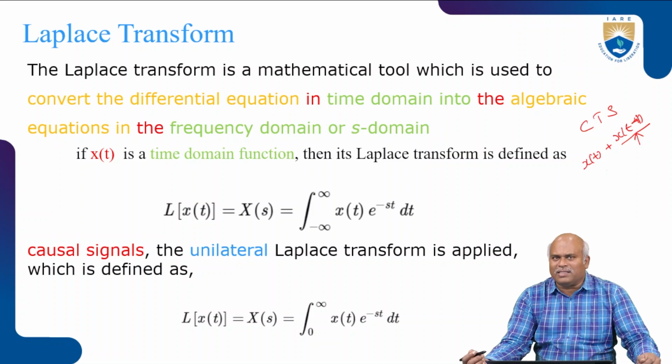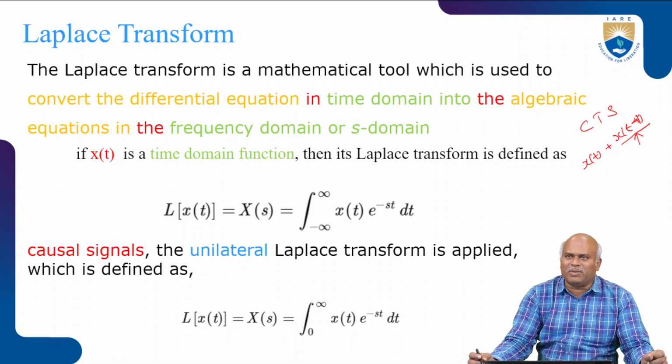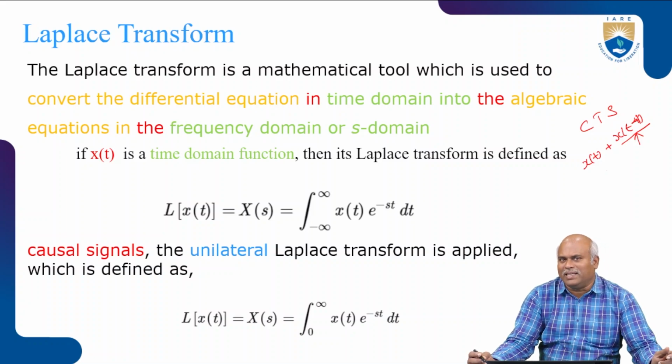If x of t is a time domain function, then the Laplace transform is defined as L of x of t is equal to X of s, the integration from minus infinity to plus infinity of x of t e power minus st dt.